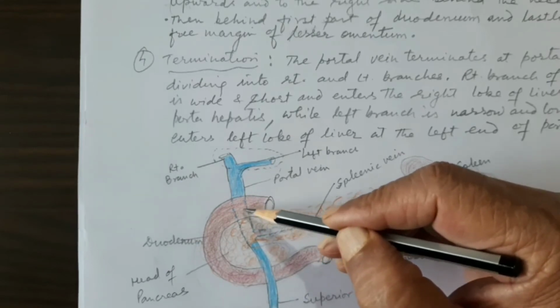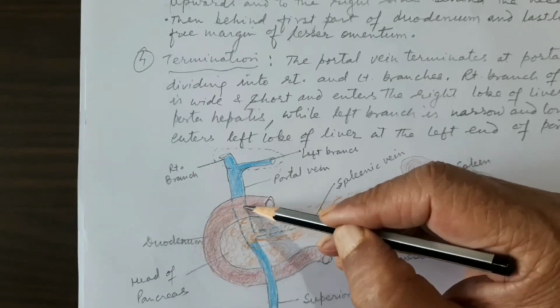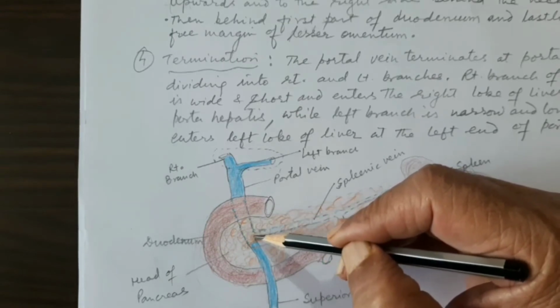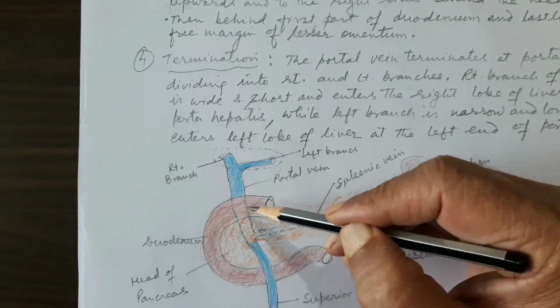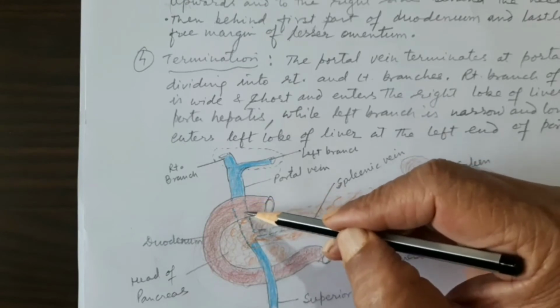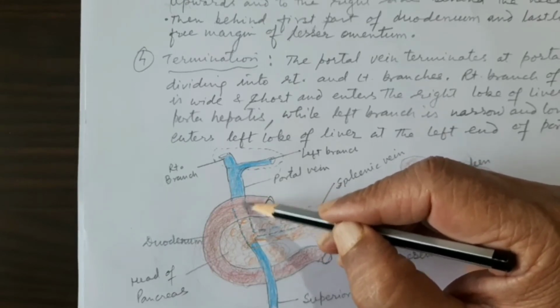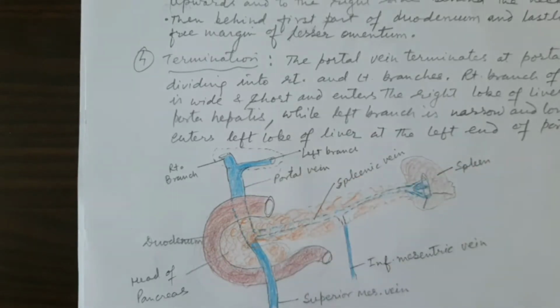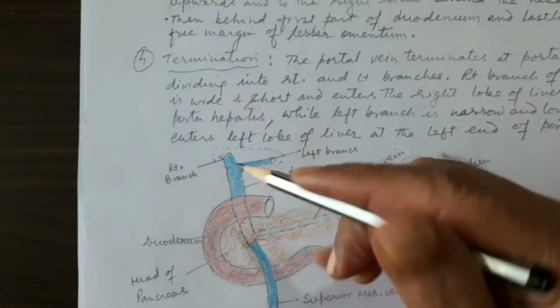Then it will run behind the first part of the duodenum. So first it runs behind the neck of the pancreas after its formation, then it goes upwards, and then behind the first part of the duodenum here, and then lastly it runs in the fold of the peritoneum, that is the right free margin of the lesser omentum.